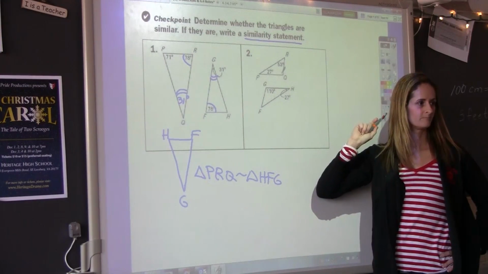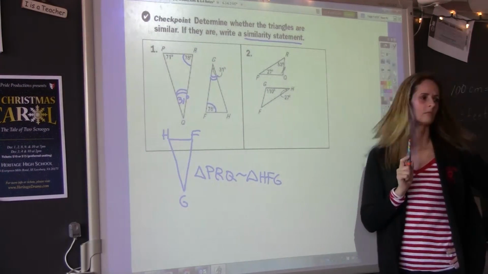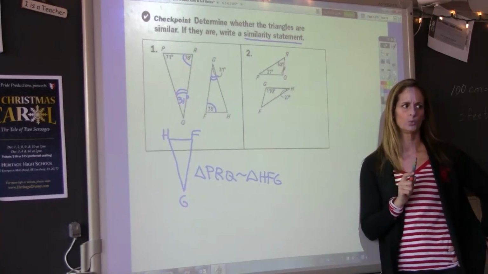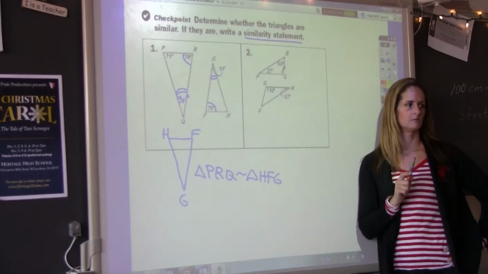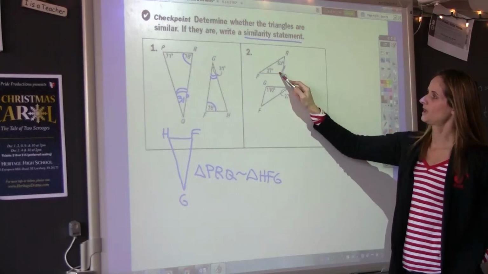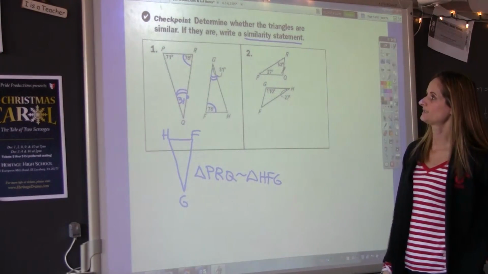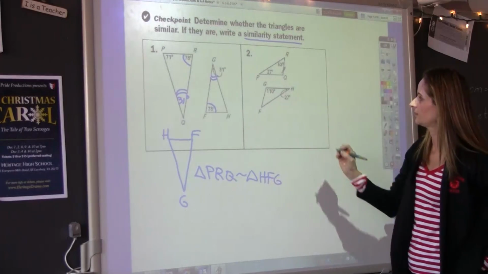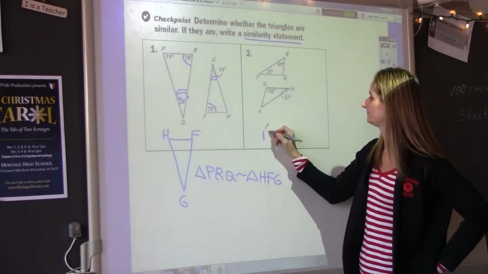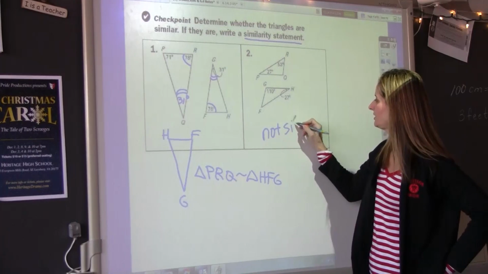If you put 110 where Q is, it comes out to 190. It has to be 100, and that's not the same. So we're not going to have two sets of congruent angles, so not similar. Very good.